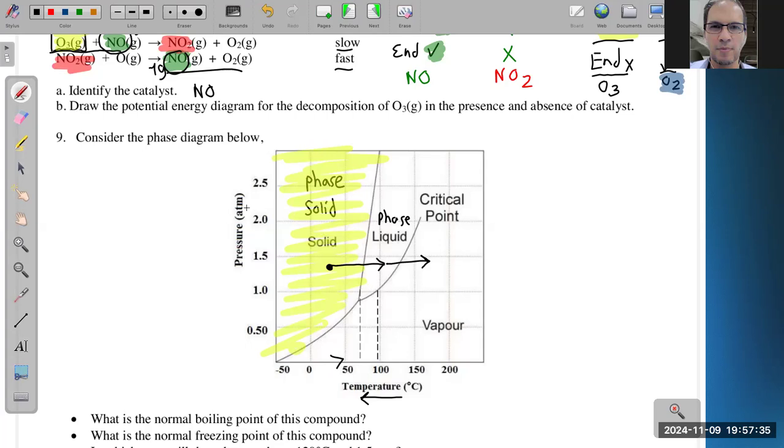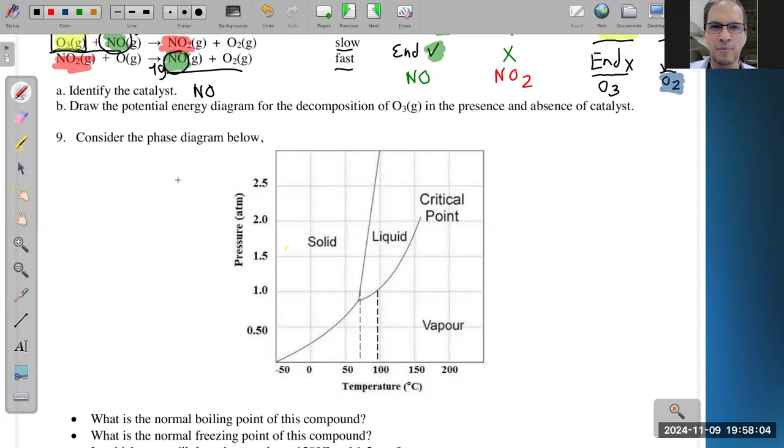If you also increase the pressure, you can change from a gas into a liquid. So the physical state of the substance depends on its temperature and its pressure. Mainly the pressure will make an effect only in the gas phase, because this is the only phase that you can change the physical state by pressurizing.